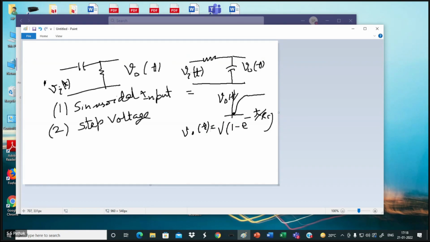Okay? In this case, what happens? It is a different thing. Step voltage I applied. I apply the step voltage here. Voltage appears here immediately. This becomes my V naught. Okay?